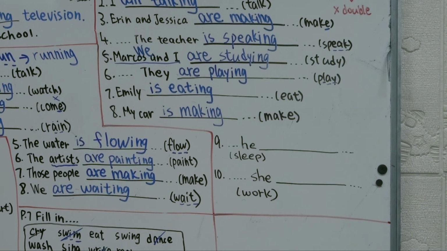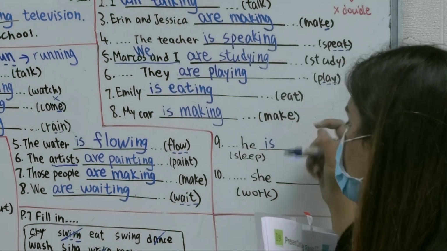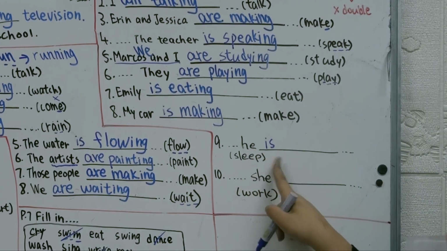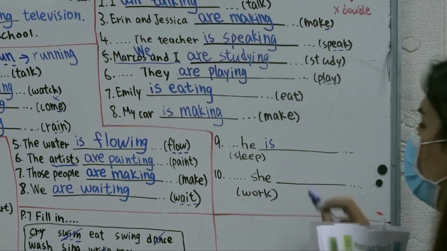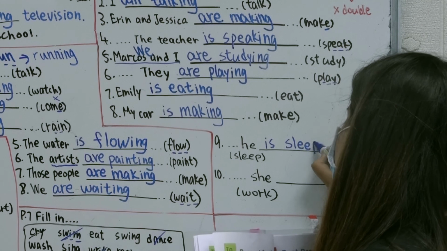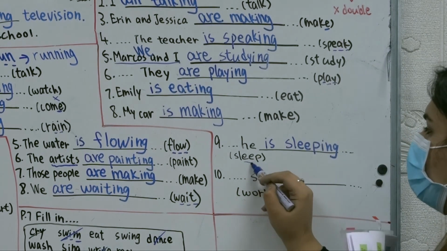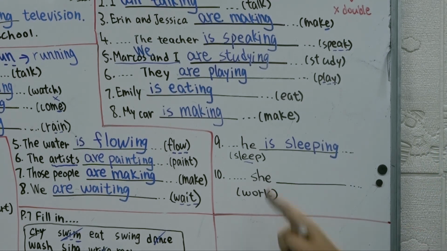He is, right? As you know, subject is followed with is. Sleep becomes sleeping. Long vowel sound. Vowel, vowel, consonant. No need to double or anything.